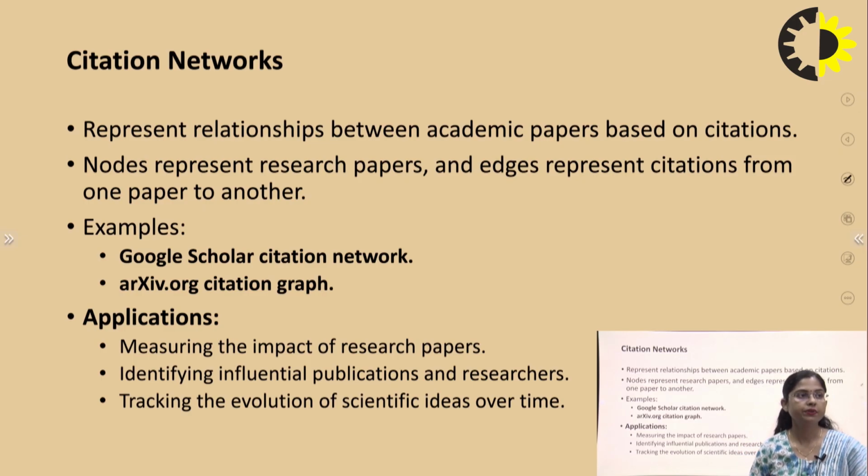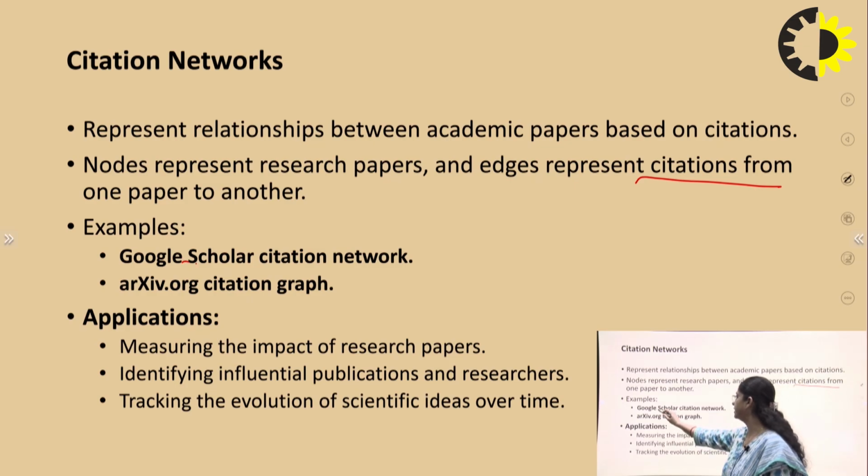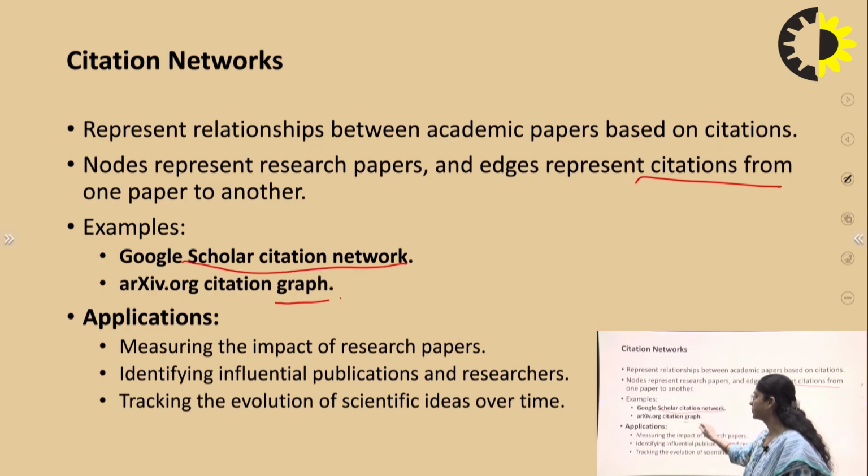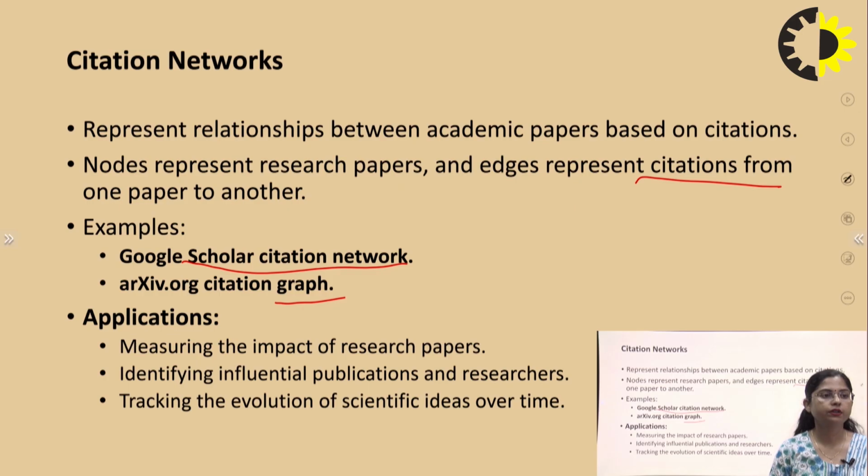It represents relationships between academic papers based on citations, where a node represents a research paper and an edge represents a citation from one paper to another. For example, the Google Scholar citation network. Applications: measuring the impact of research papers, identifying influential publications and researchers, and tracking the evolution of scientific ideas over time.